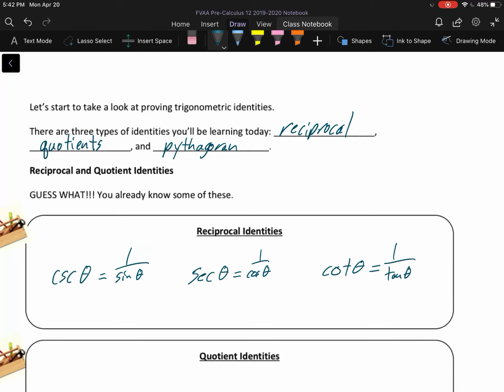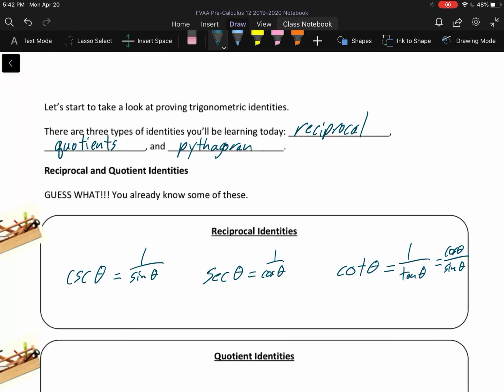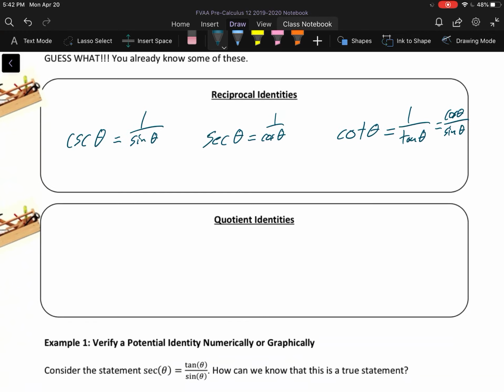We can also think of this one as being, instead of cos over sine, cos theta over sine theta. These are theorems that have already been established, and now we're going to use these to establish and prove other theorems.